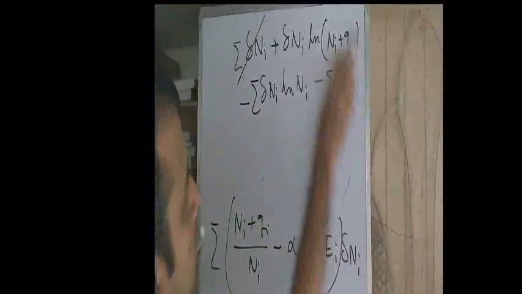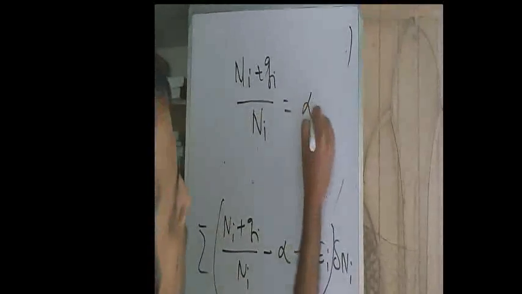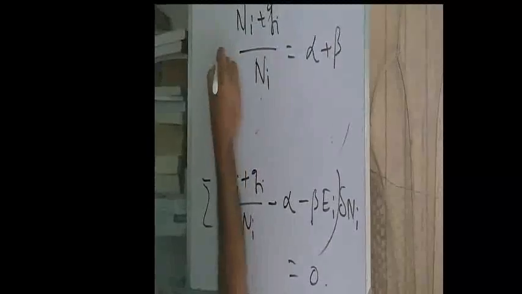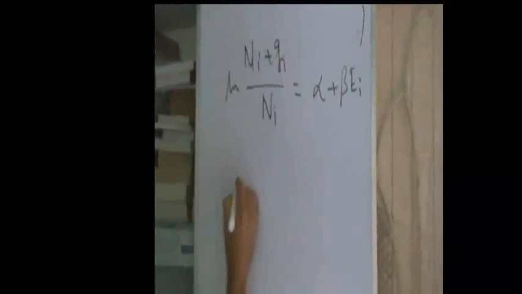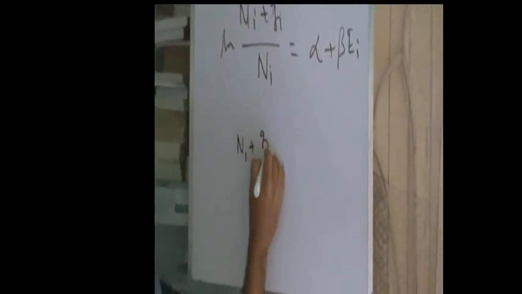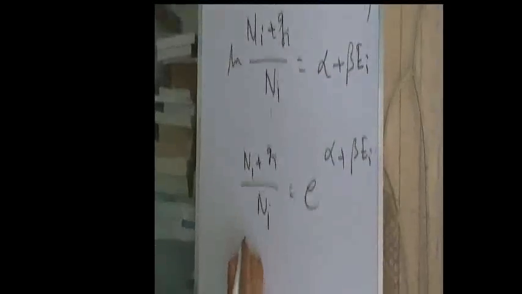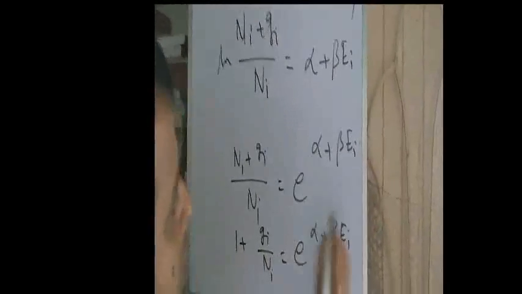That means ln ((ni plus gi) by ni) equals alpha plus beta Ei. So (ni plus gi) by ni equals e to the power alpha plus beta Ei, and we can write 1 plus gi by ni equals e to the power alpha plus beta Ei.